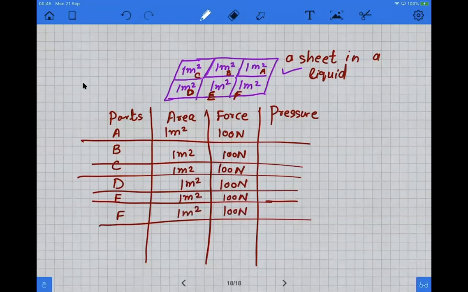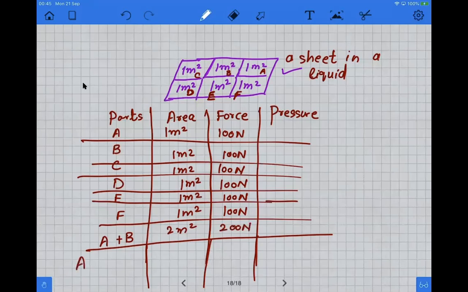Now, if you take A plus B, the area will become 2 meters square and the force will also become 200 Newton. If you take A plus B plus C plus D plus E plus F, they are in total 1, 2, 3, 4, 5, 6.